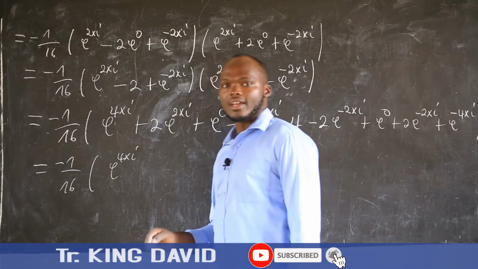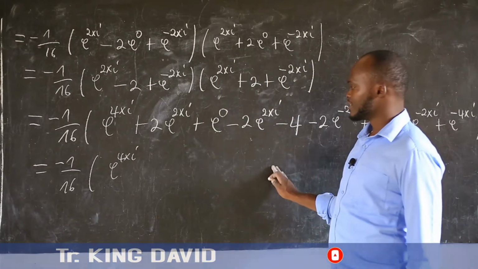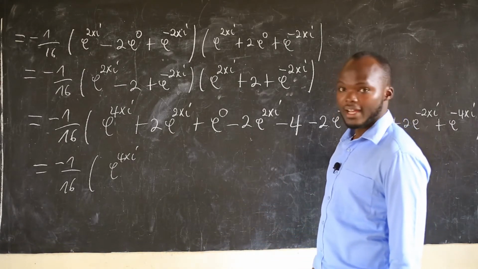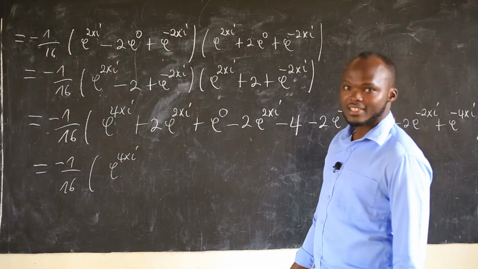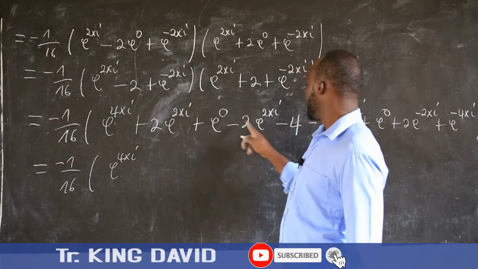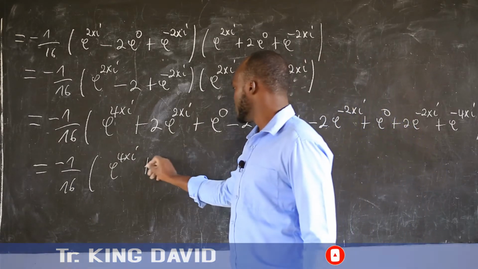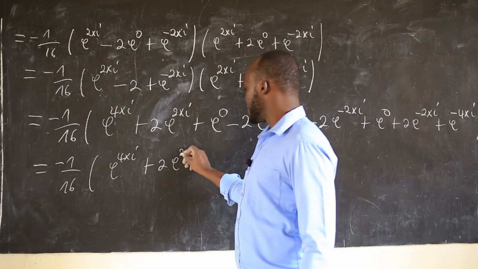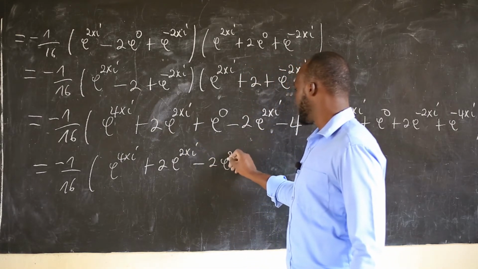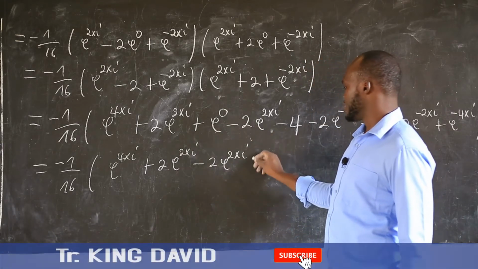When you reach here, you group the related exponents. The exponents that are related, like this one, e power 2xi with this e power 2xi, they are related. So that is 2 e power 2xi minus 2 e power 2xi. e power 0, that is 1.